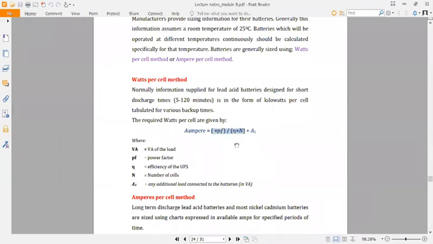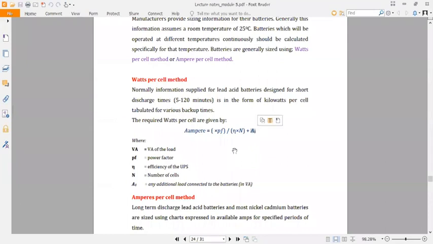So if the values of the power factor, the volt ampere of the load, efficiency, and the number of cells are given, then we can find out the ampere rating which is required for the battery.